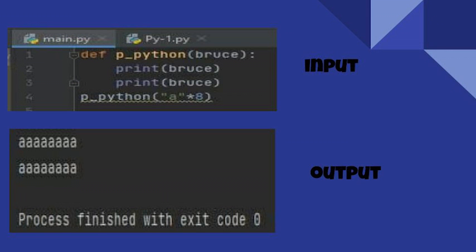In the other example too, we can see Bruce being the parameter of the function, and us multiplying a, the argument in this case, times 8 gives us a 8 times. This is very intuitive. Python is the function, while the parentheses it holds contain the parameters.